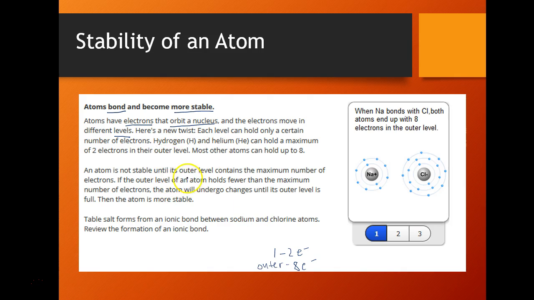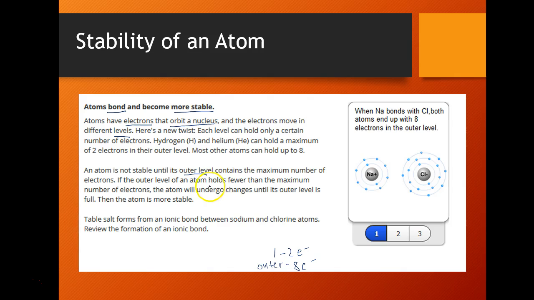An atom is not stable until its outer level contains the maximum number of electrons. So if an atom only has 1 level, then the maximum would be 2. But if it has more than 1 level, then the outer level would have the maximum of 8 electrons. And an atom is not stable until it reaches that maximum.